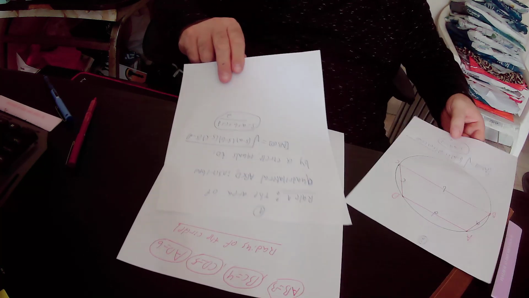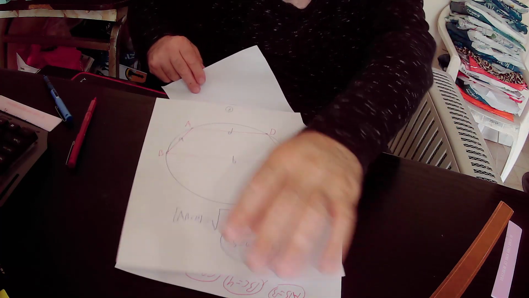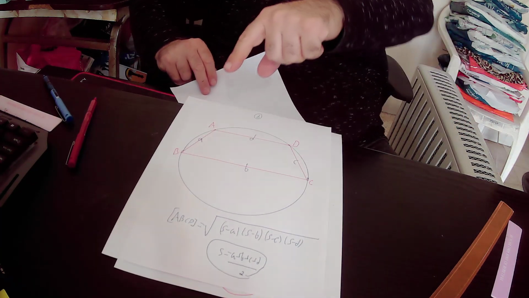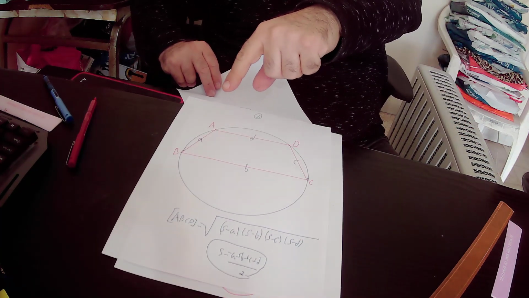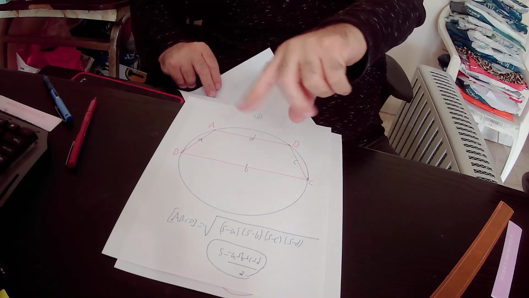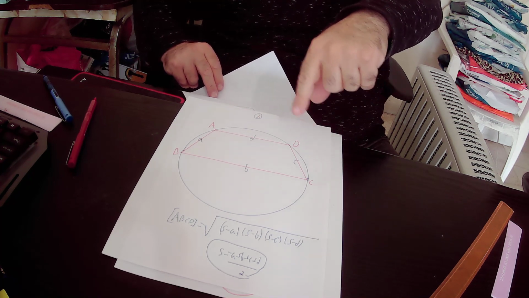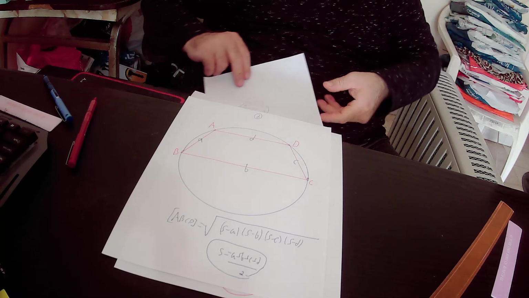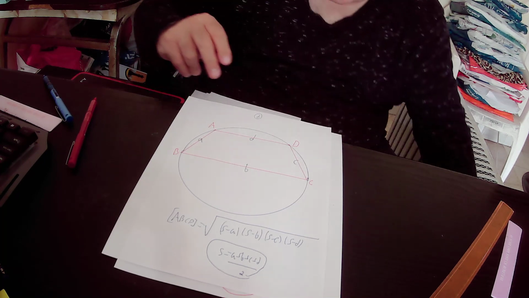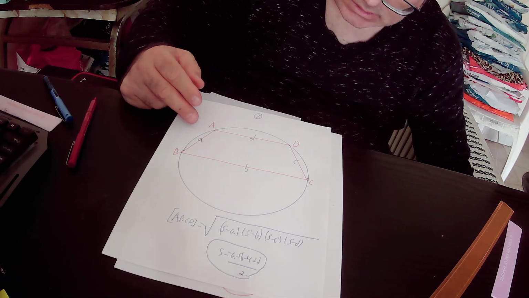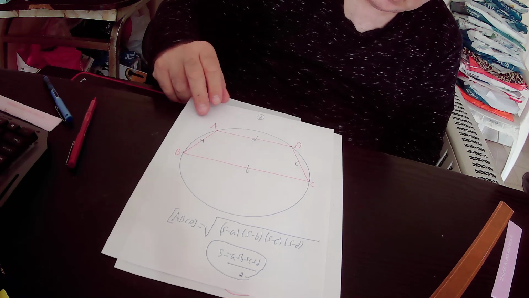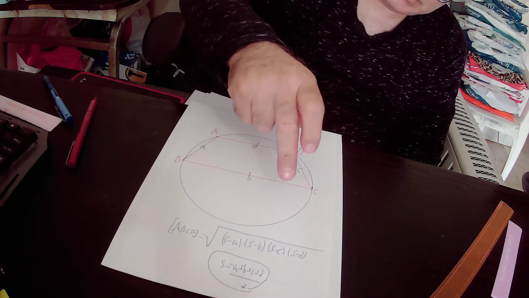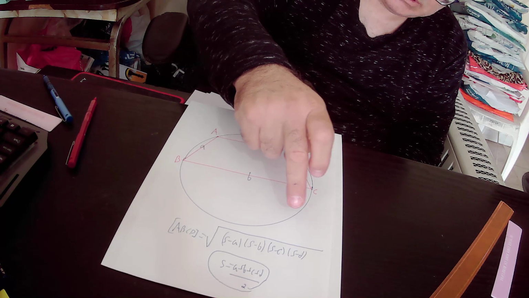So if you have quadrilateral ABCD with side AB equal to A units, side BC equal to B units, side CD equal to C units, and side AD equal to D units, then the area of this quadrilateral that is inscribed in a circle will be equal to the root of (S minus A) times (S minus B) times (S minus C) times (S minus D).